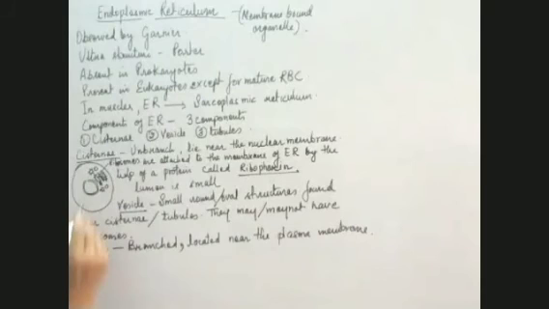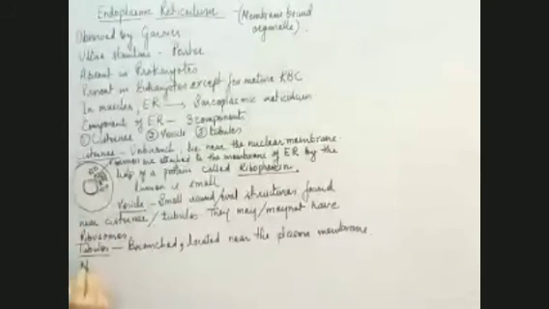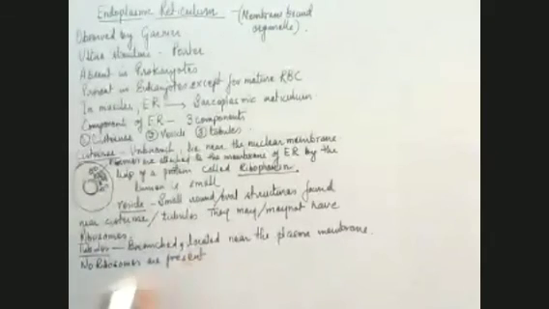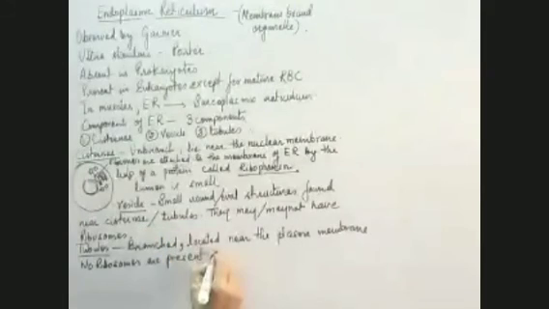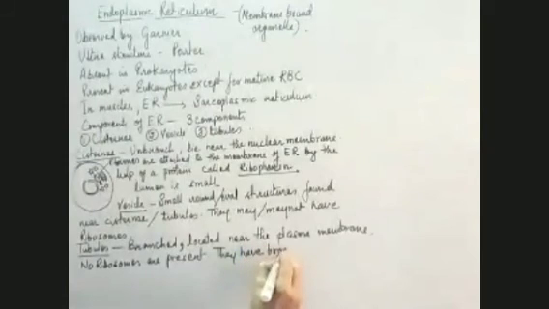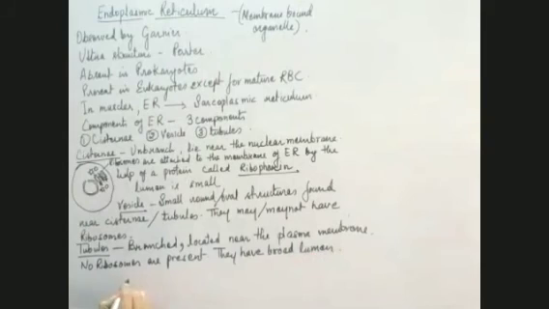And in the tubules, no ribosomes are present. At the same time, one more point is their lumen is broad. They have broad lumen. That means they look like this.